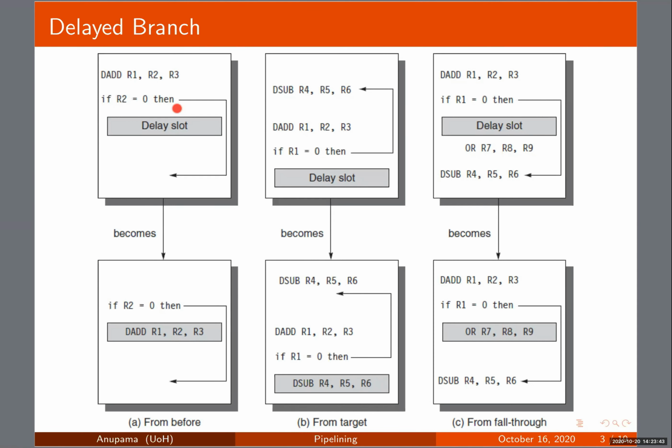So this method is only used if there is a single delay slot for the branch, not in other conditions, like in my question, where I say the branch takes 5 clock cycles to finish, and then you will have 3 delay slots. That would not be easy to handle with delayed branches, so that's not the technique which we'll be using.